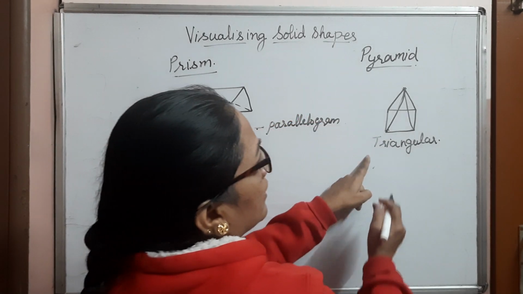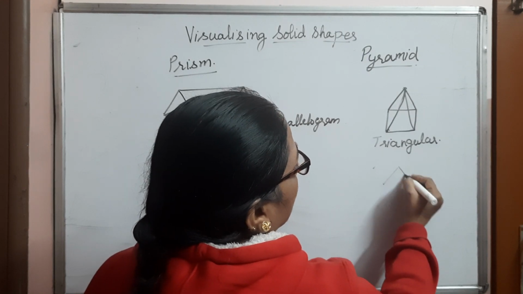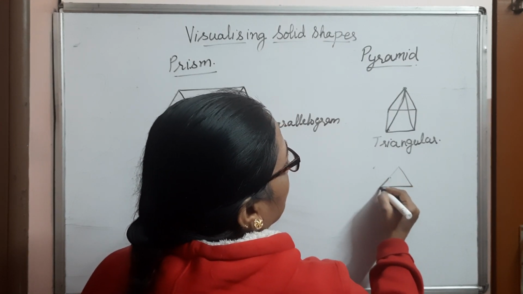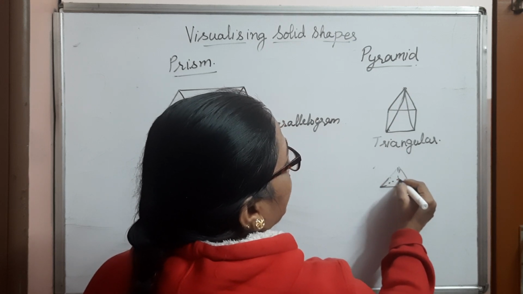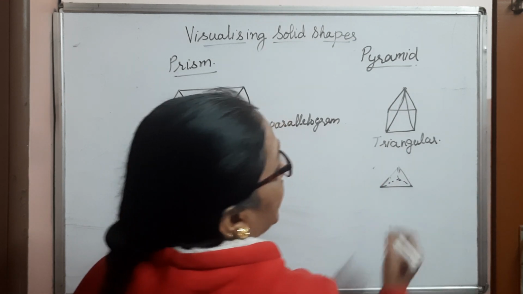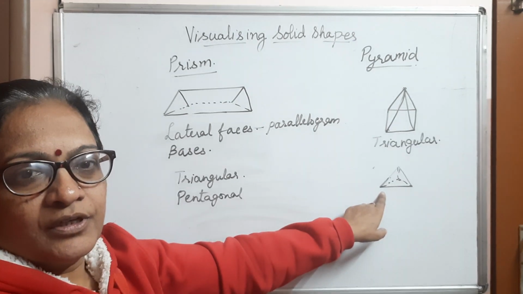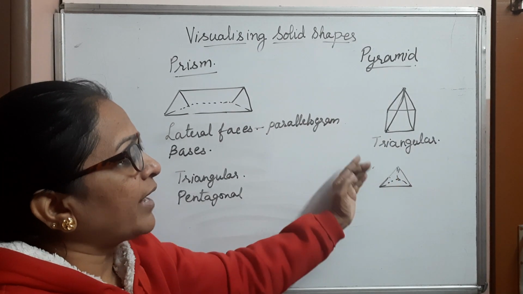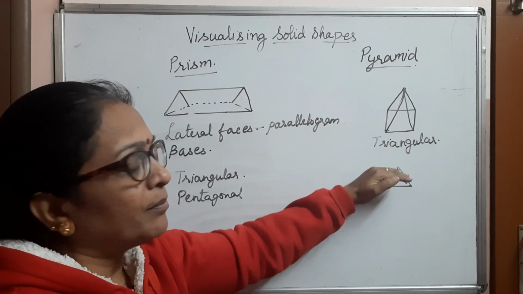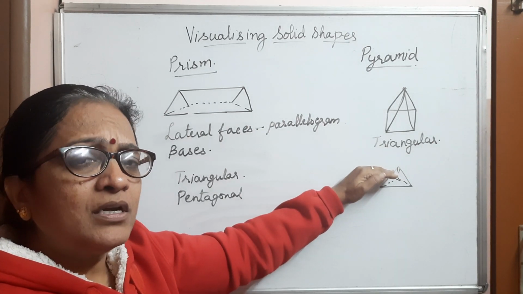If the base is triangular here, then it will look somewhat like this, and it will be known as a triangular pyramid, because the base is triangular and the lateral faces which are coming up are all triangular in shape.